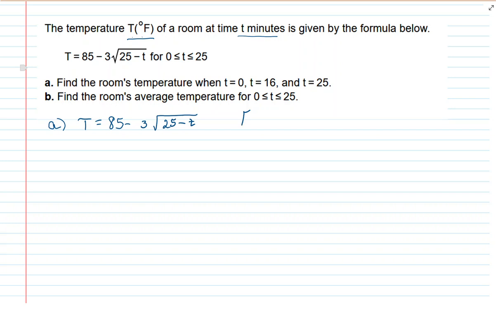And we're looking at 0 to 25. All right, so these are the limits, because if we reach 25 minutes, we end up with 85. So the temperature at the beginning is important as well as the temperature at the end. So let's see what we want. We want to find the temperature when T is 0.